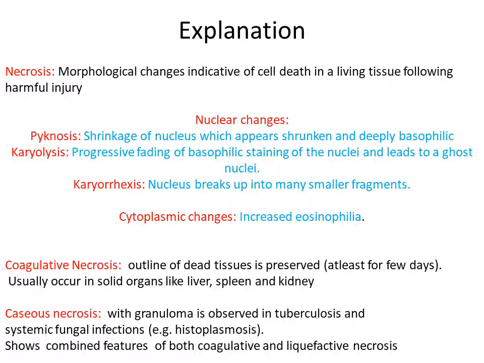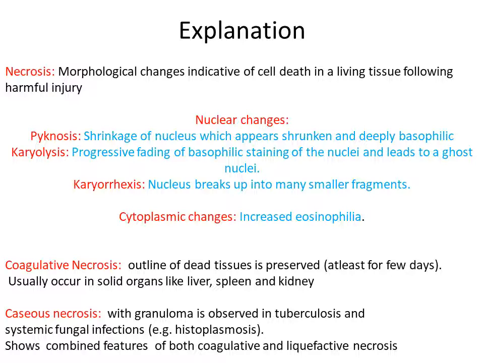So now we will see what is meant by coagulative necrosis. In coagulative necrosis, the outline of the dead tissue is preserved, where you can appreciate the architecture of the parent tissue at least for a few days. Usually this coagulative type of necrosis occurs in liver, spleen, kidney and heart.